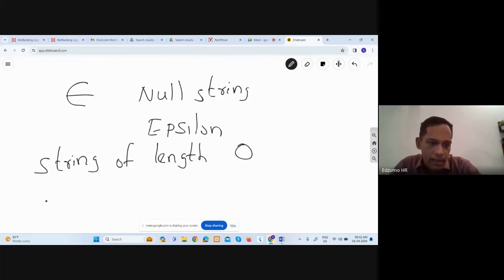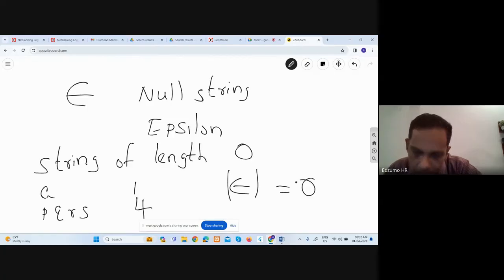For example, if I have a string A, it is of length 1. If I have a string PQRS, it is a string of length 4. But epsilon's length is 0. So what does it mean? It means I can move, say, from point A to point B without consuming any input, by consuming epsilon.